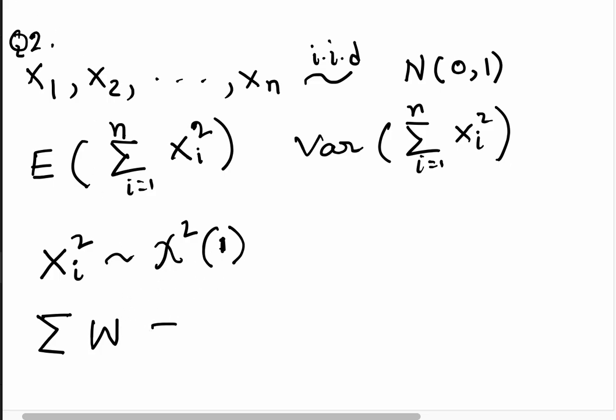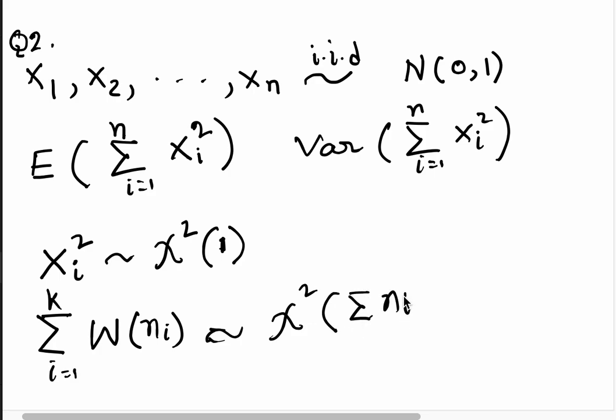With orders n_i, i equal to 1 to k, this new summation random variable will follow a chi-square distribution with order parameter equal to the summation of n_i, i equal to 1 to k.